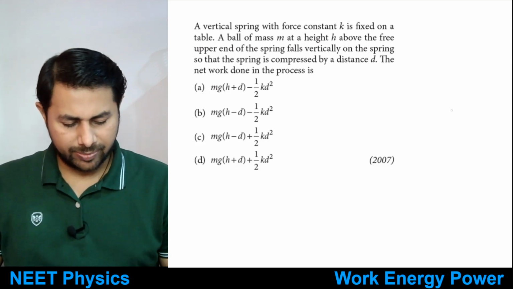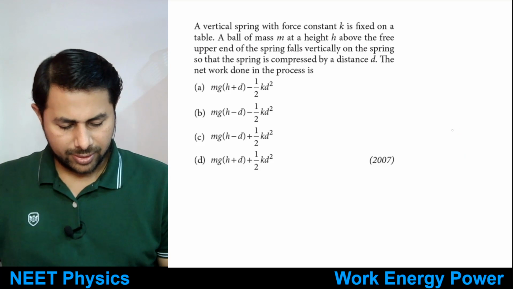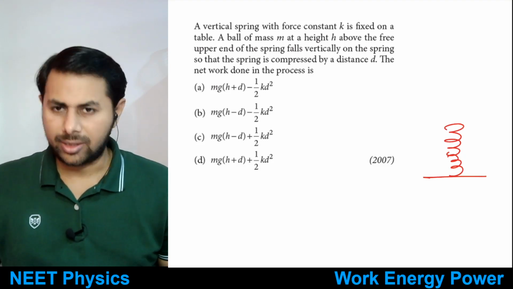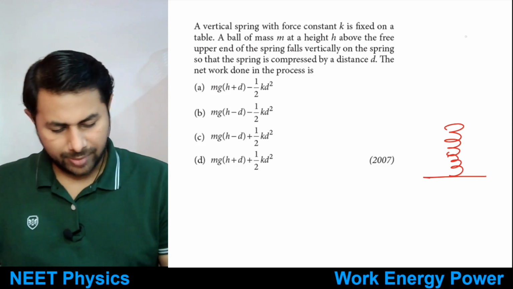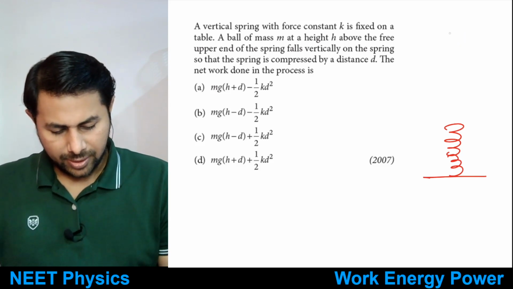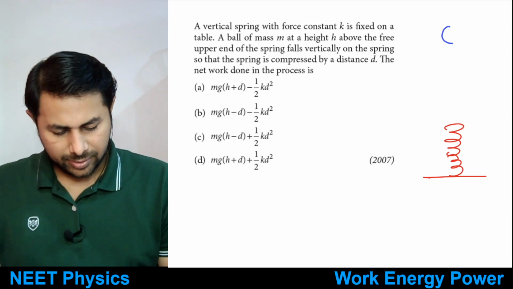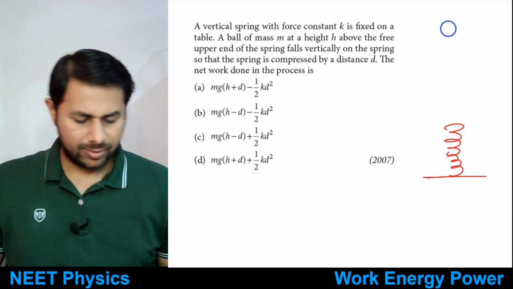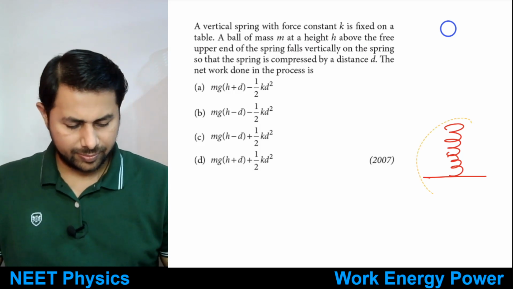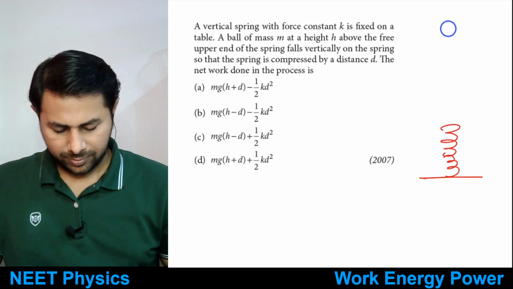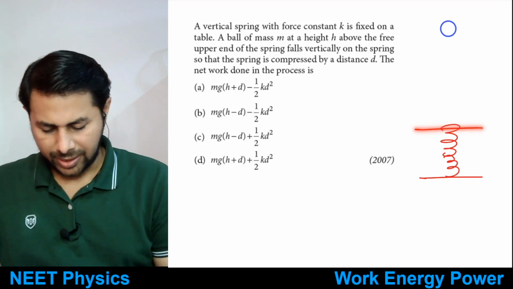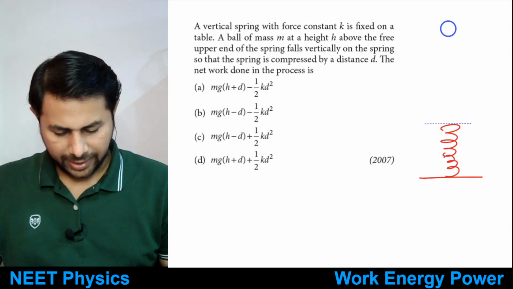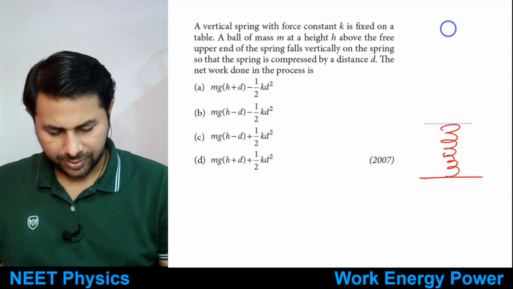So you have a vertical spring, fixed on a table, and a ball of mass m at height h above the free end. Suppose it is here, so this height difference is h.